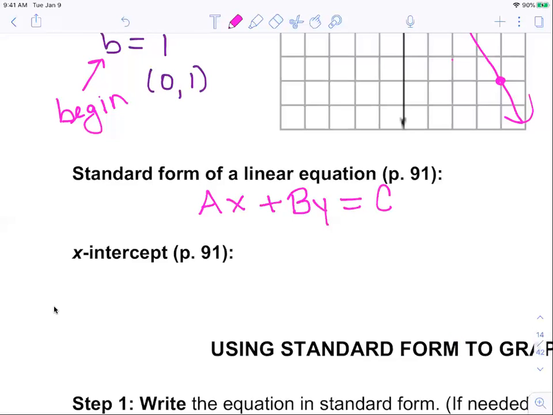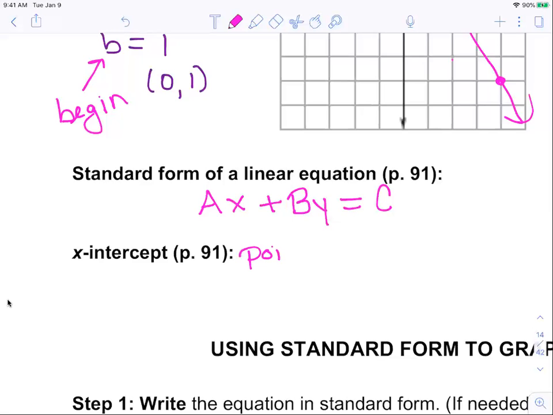So knowing what a y-intercept is, where the graph crosses the y-axis, what would be an x-intercept? How could you describe or define an x-intercept? Ava. Would it be the point on the x-axis?